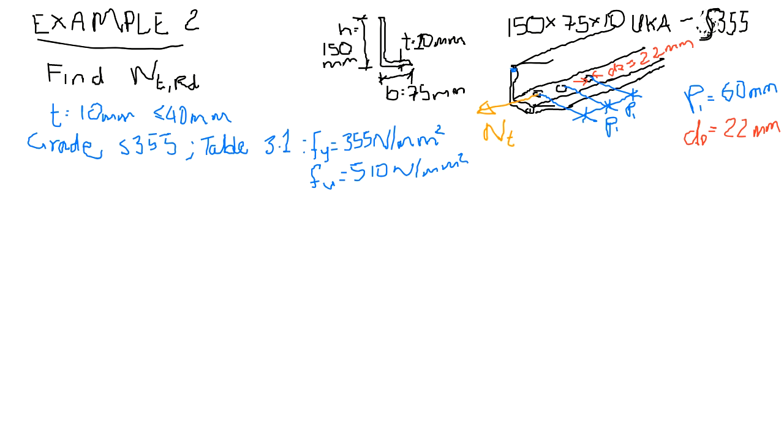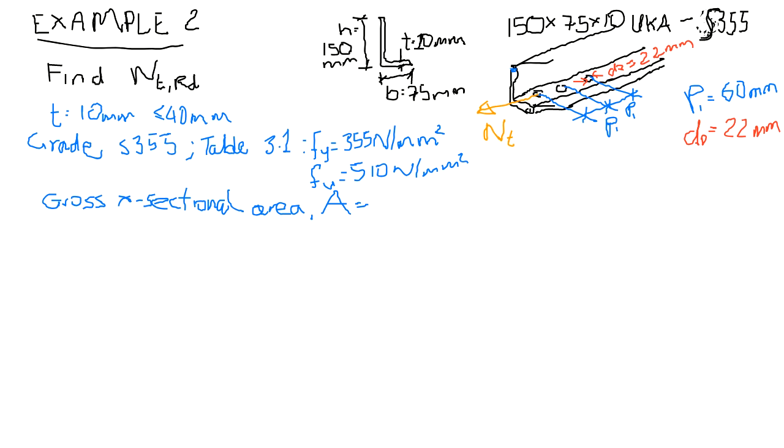Okay, so that's the first thing. The next thing, we need to get the cross section area in there. So we need to know what the gross cross section area A is.